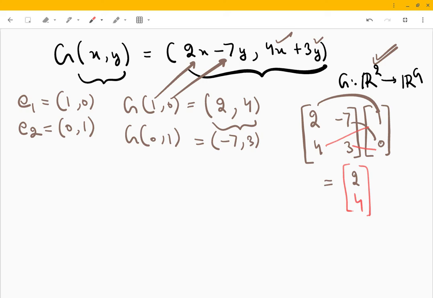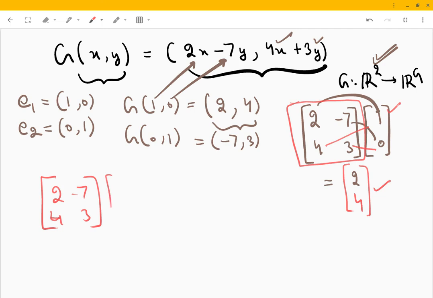So this matrix is mapping all the points to these points. If we plug in this and negative 7, 3, and x and y here, and do this matrix multiplication, we will get 2x minus 7y and 4x plus 3y.